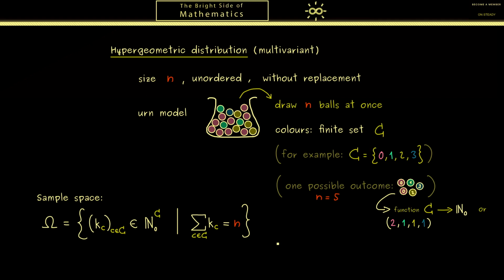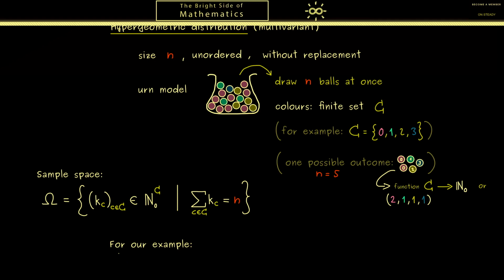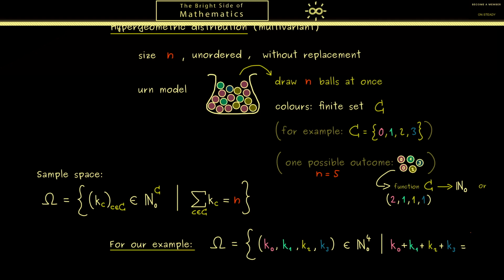And maybe also for this, it's helpful to first look at our example here. For our example, we already know we have tuples of 4 elements. Hence we can say we have (k_0, k_1, k_2, k_3) from N_0 to the power 4. And also the sum should be the sample size n.